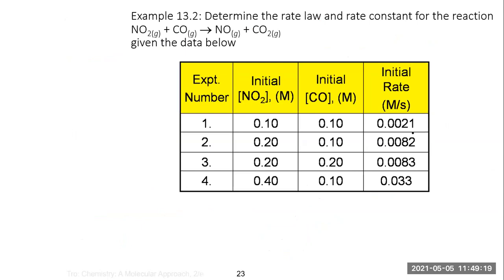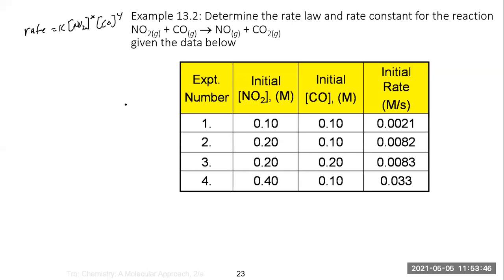Then let us try one more here, see what you come up with. Same approach here. We start with the generic rate law. Our rate is equal to k times our NO2, we'll call that x, and our CO, we'll call that y. Again, we're going to be looking for a couple of entries where we keep one constant and vary the other.